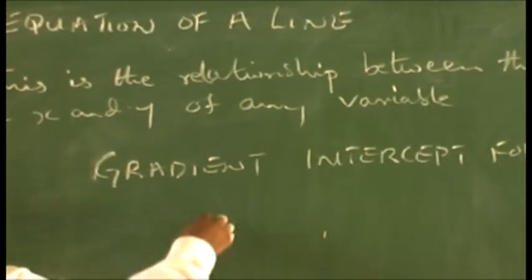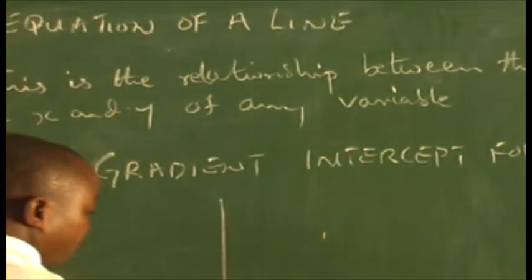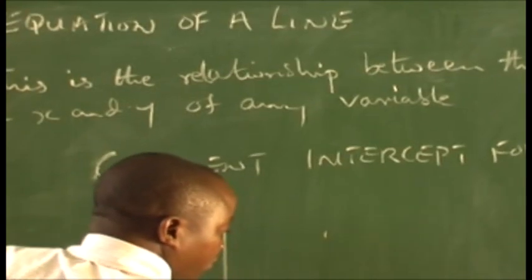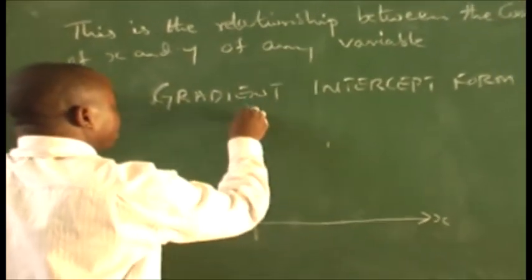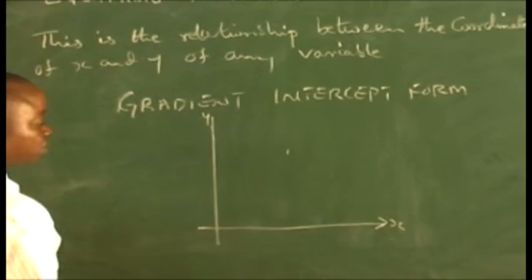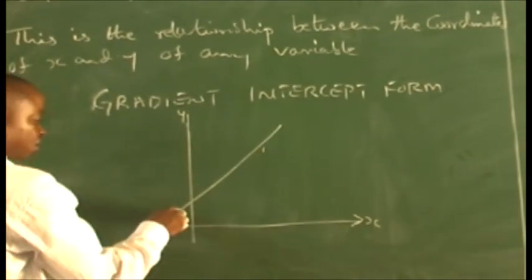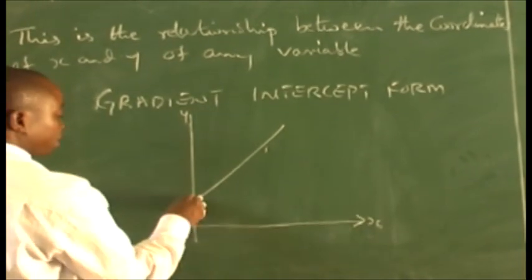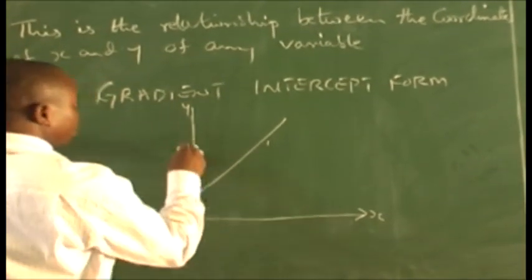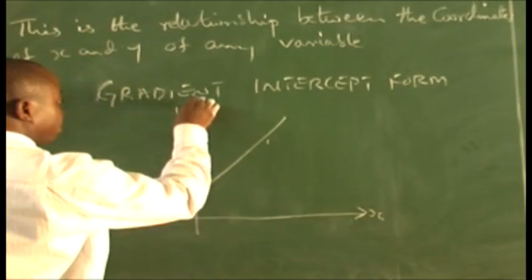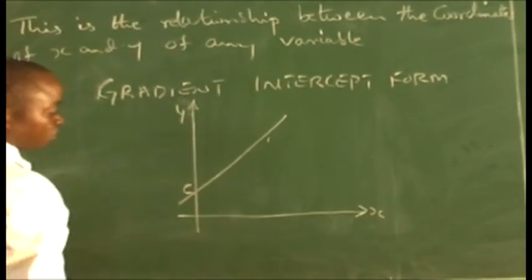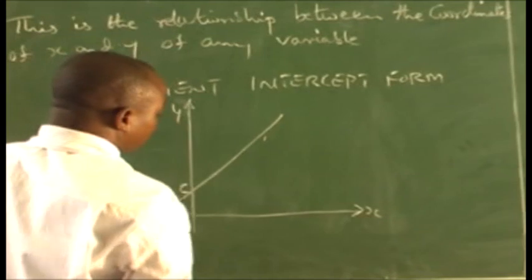Now consider this plane where we have the x-axis and we have the y-axis. If I have a line here and it cuts these points, let me call this point C. But I know very well that this is my y-axis. This is x.